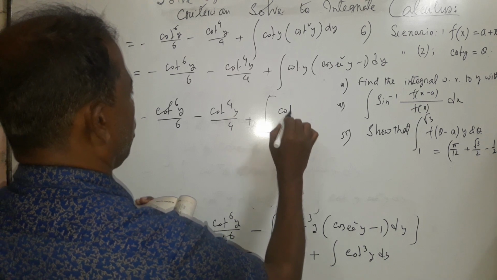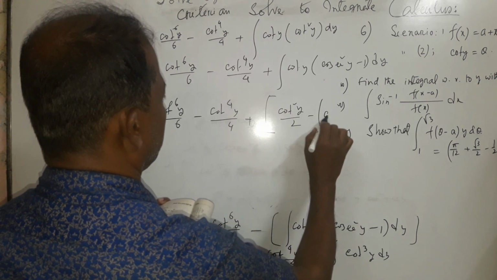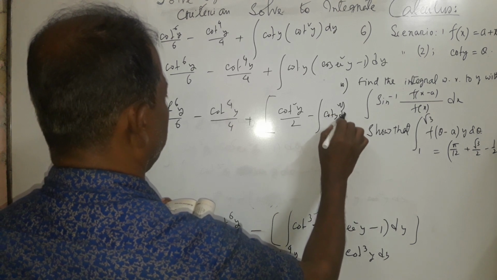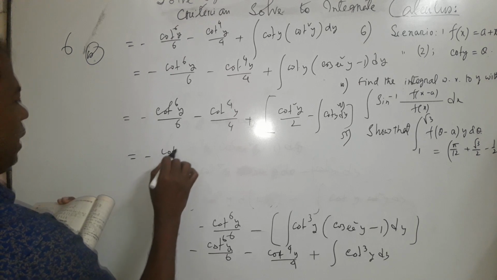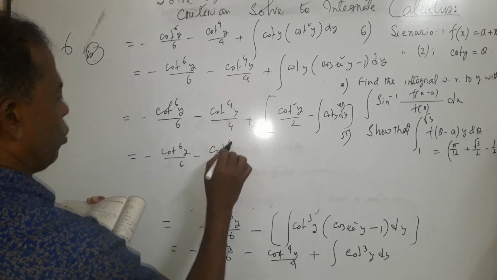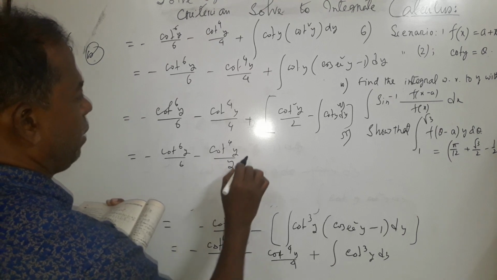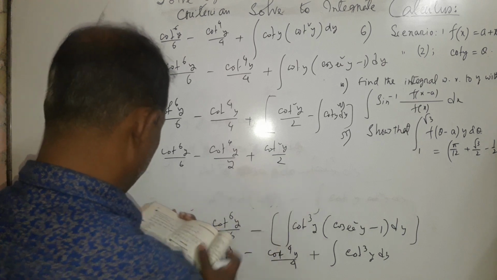That's why cot square y divided by 2 minus integration of cot y dy, right? So cot 6y divided by 6, cot 4y divided by 4, plus cot square y divided by 2.